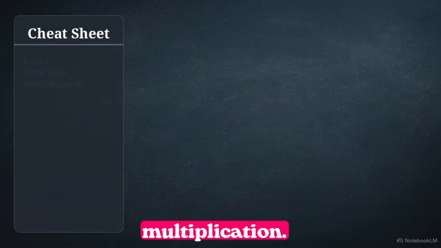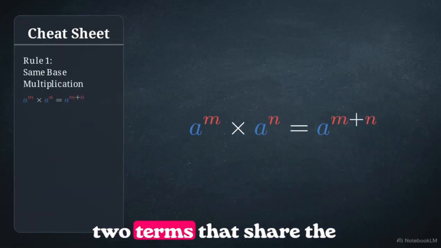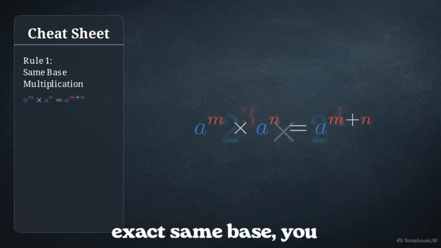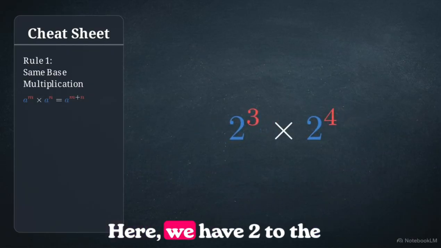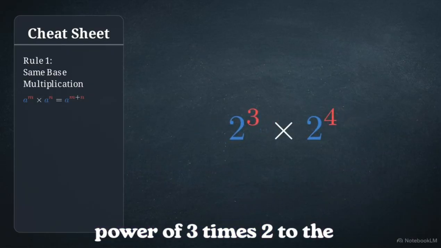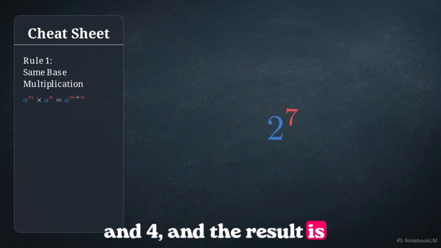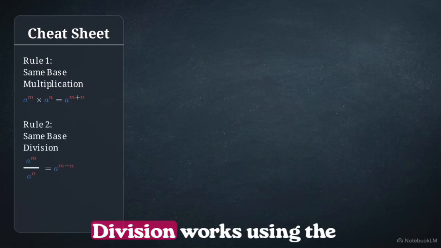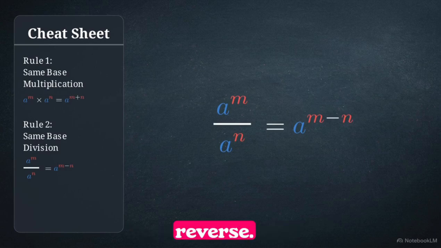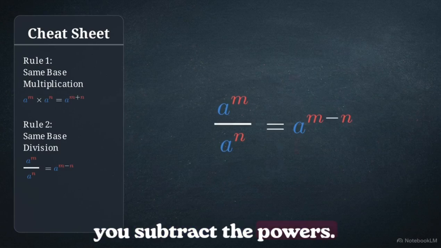Now let's look at multiplication. When you are multiplying two terms that share the exact same base, you simply add the powers. Here, we have 2 to the power of 3 times 2 to the power of 4. We keep the base, add 3 and 4, and the result is 2 to the power of 7. Division works using the same logic, but in reverse. When the bases match, you subtract the powers.